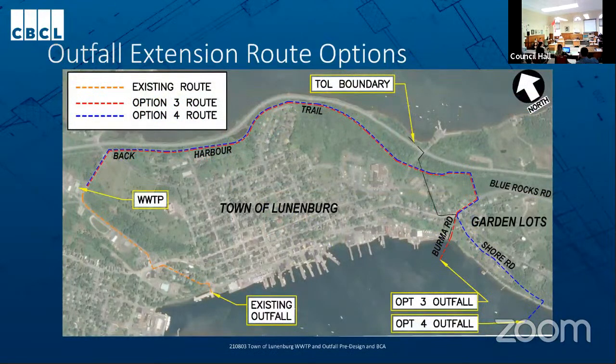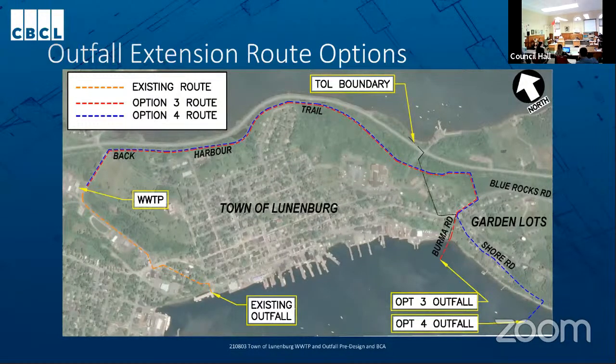So the option 3 and 4 routes are on this slide compared to the existing outfall route. That one is shown in orange, and it leads from the wastewater treatment plant to the existing outfall under the inshore fisherman's wharf, down Star Street and across town. And it's pumped from the effluent pumps that are in the wastewater treatment plant.